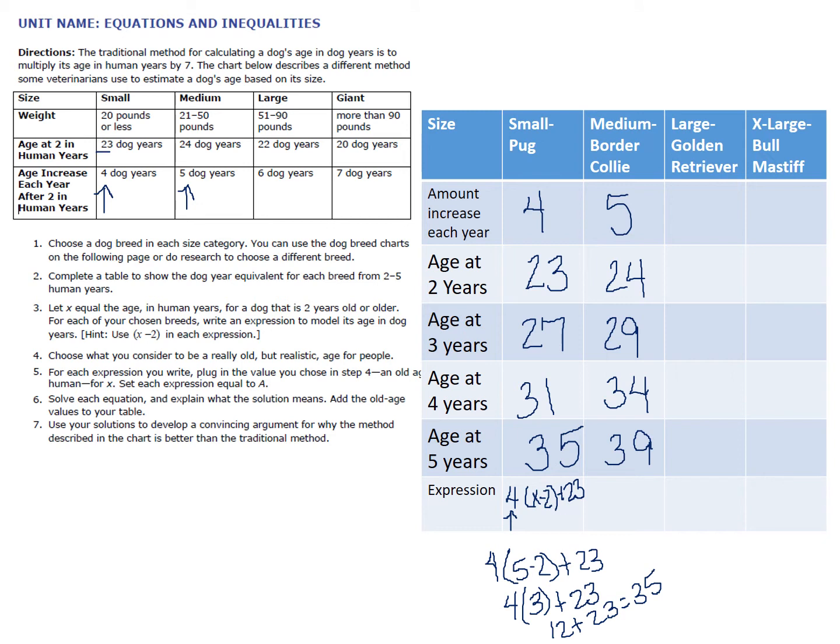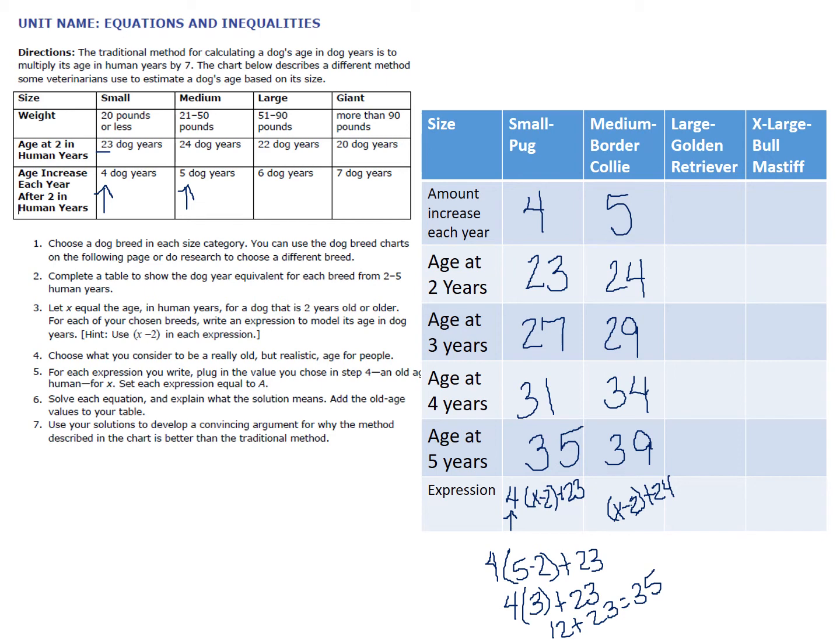So we're going to plug it in. Notice this is going to be very similar to the first expression. We're going to have the x minus 2. We're going to add what we started with, the 24. And then we're going to multiply where that 4 was in the first expression.